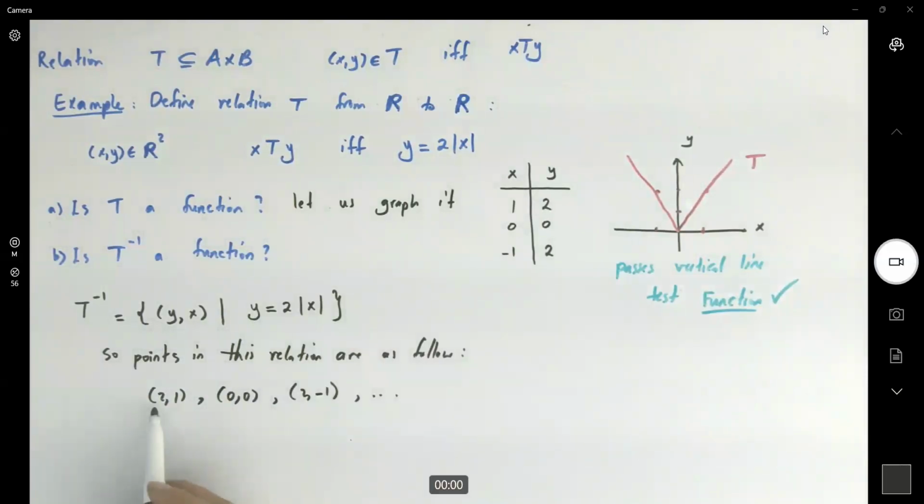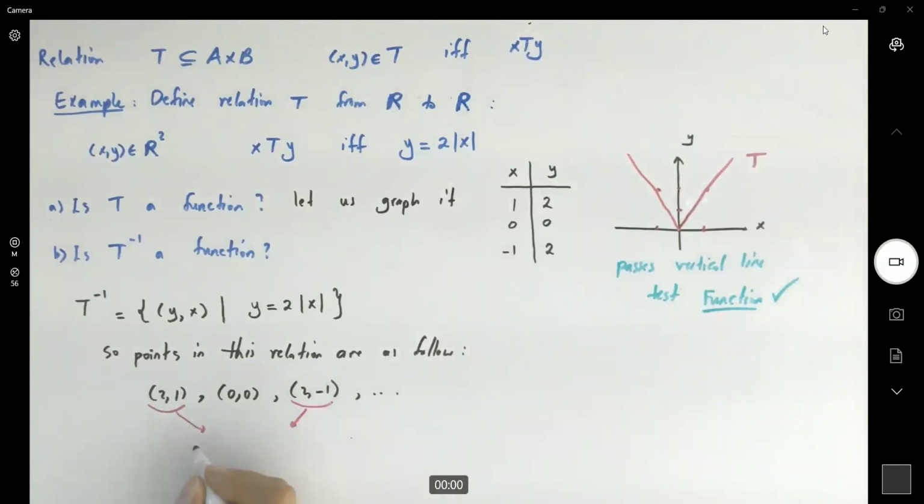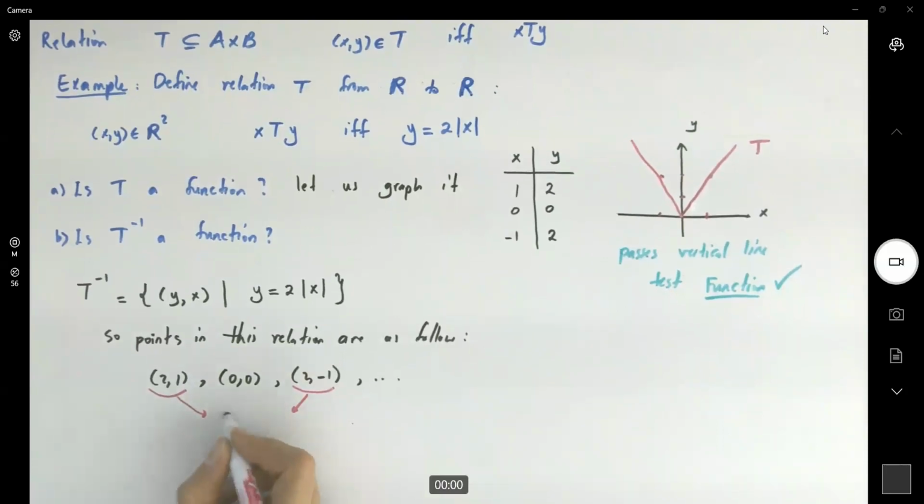But take a look. I have 2 and 1. I have 2 and -1. These 2 points don't satisfy the definition of a function. For a specific X value, you have 2 different Y values, which is not a function.